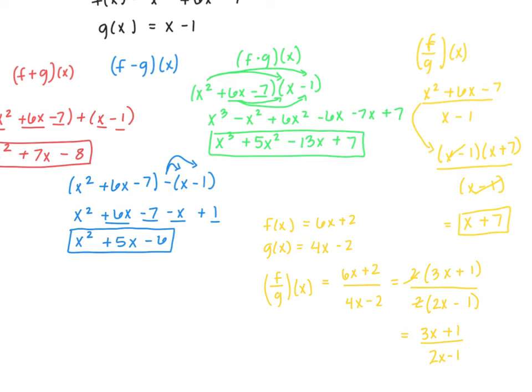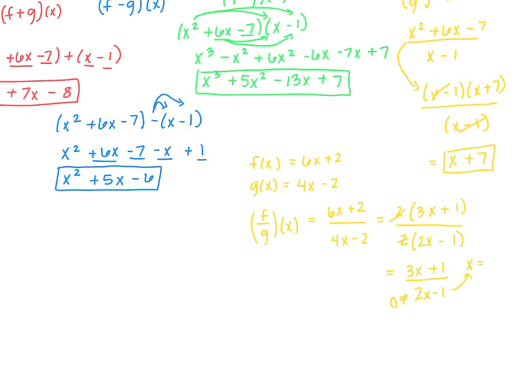However, we can't have division by 0 at any point, so our answer is going to include all of the values of x except for the ones that make the denominator 0. So we don't want our denominator to be equal to 0, so we have to exclude the value of x that would make it 0. So the way that we can determine that value is by setting our denominator equal to 0 and then solving for x.